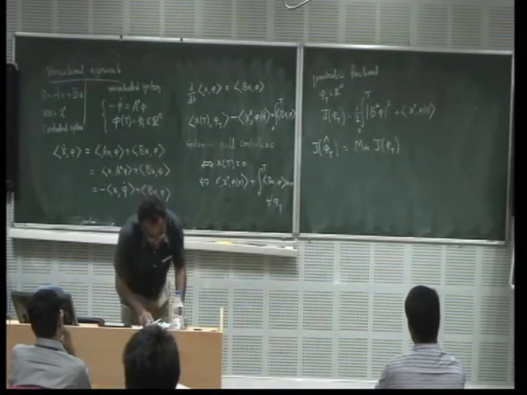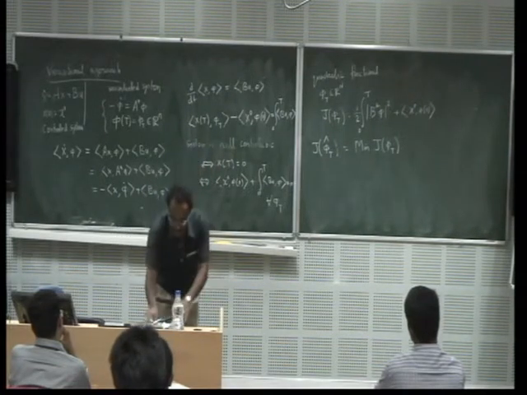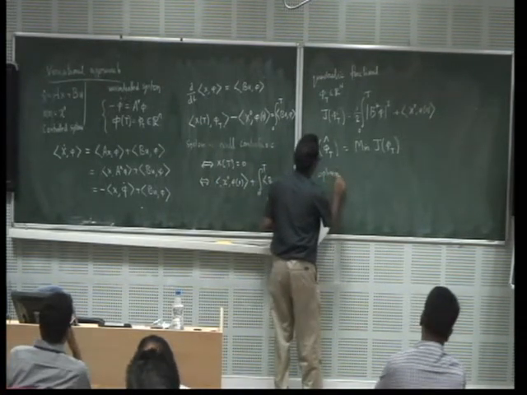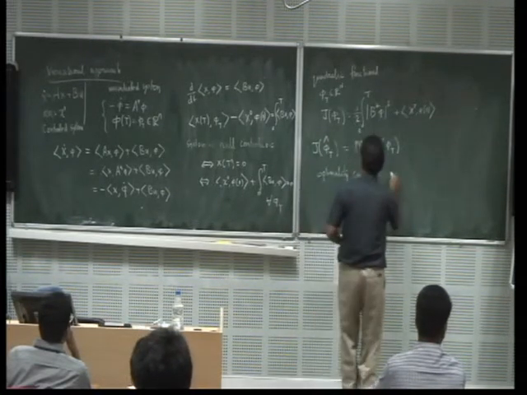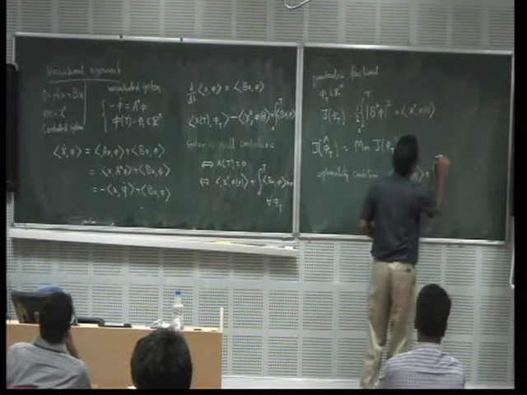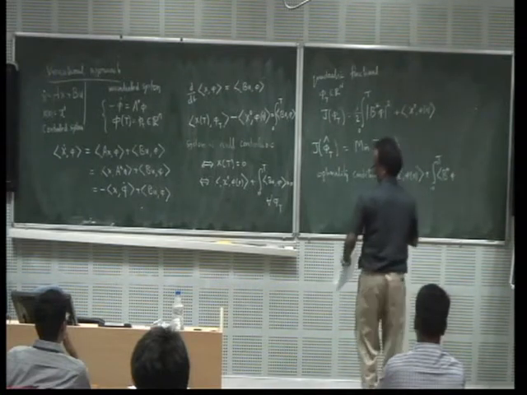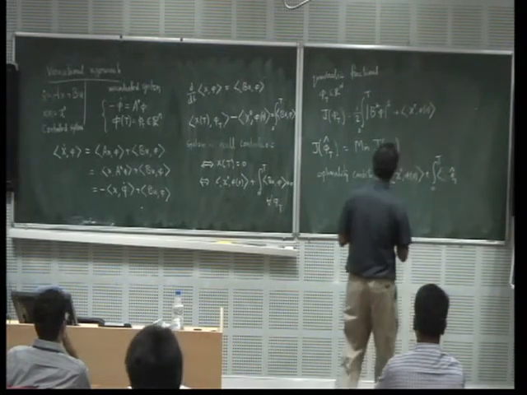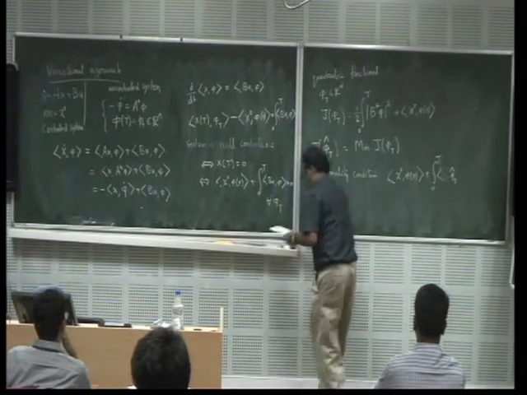If you write down its optimality condition, you get x naught phi 0 plus the integral from 0 to T of B star of phi hat.